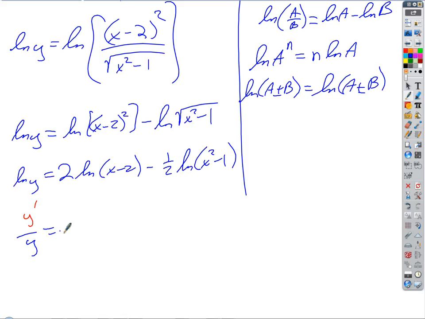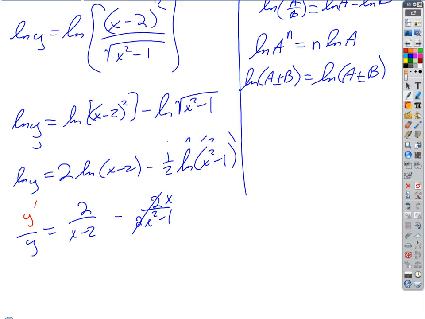But then I'll multiply the 2 through and get 2 over x minus 2 minus the derivative of log x squared minus 1, which is going to be 2x over x squared minus 1 times 1/2. So those cancel, right? And so then look at that answer, that was easy, right?